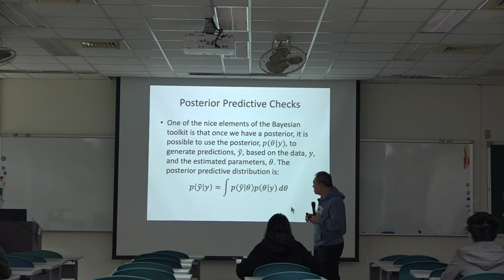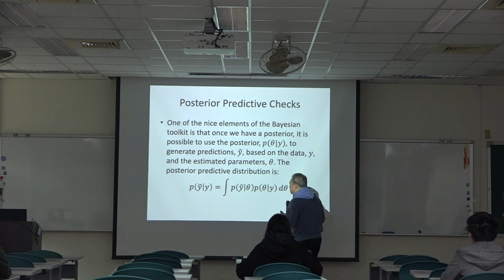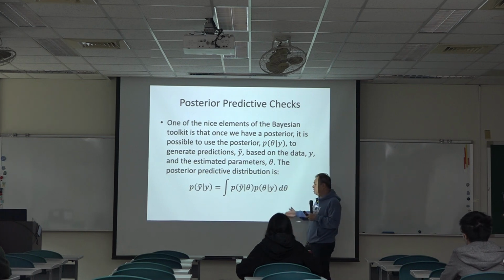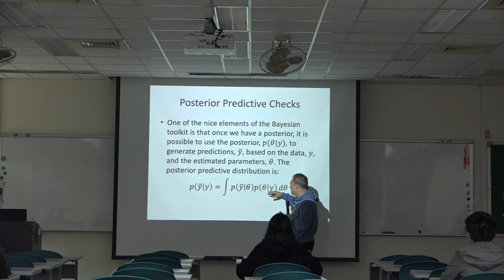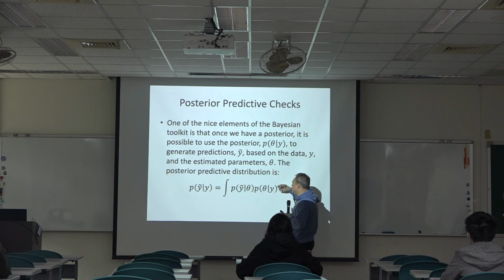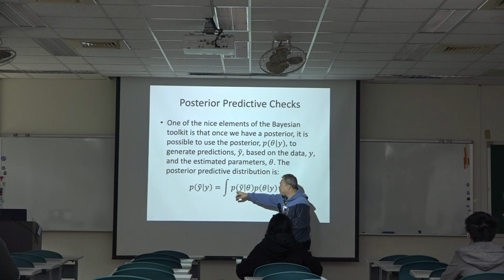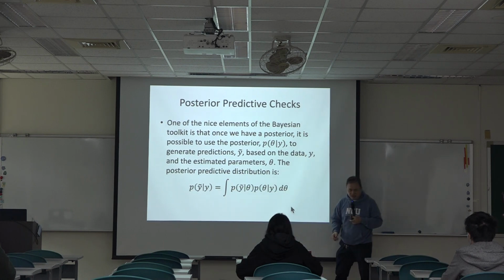So given the data y, how do you calculate the predicted value? To be exact, it is done through two things. This one, P of theta on condition of y, we know pretty well, times P of y hat on condition of theta, and the integration of this over theta.